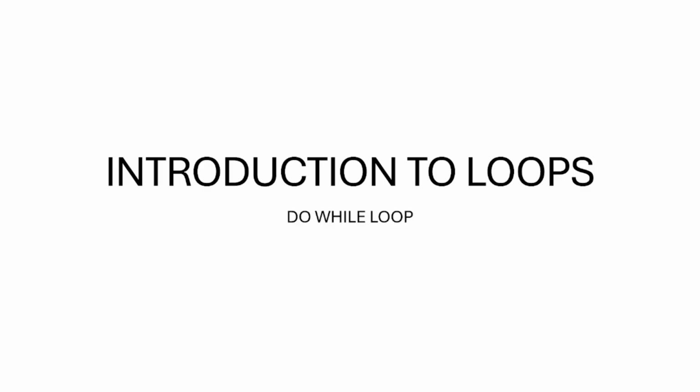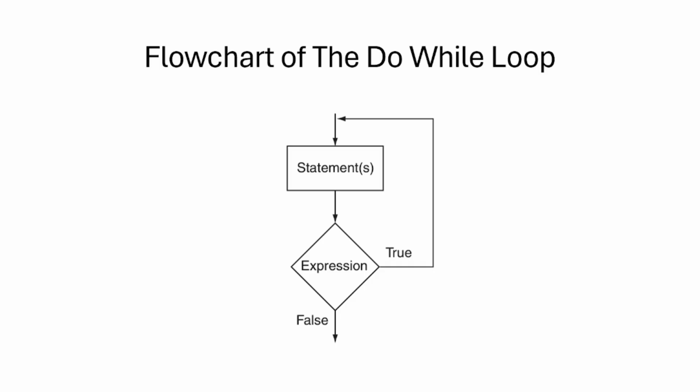Let's dive into it and see the flowchart for the do while loop. This will definitely be our start. Then we have some statements, and after we execute our statement, we check for a condition. If the condition is true, we execute the loop again and check the expression again, until it is false.